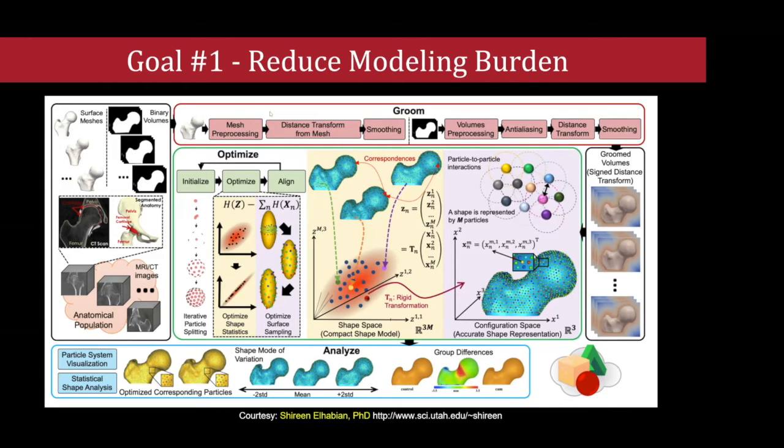Then we have this groom phase where we do all sorts of things on the mesh as well as on the binary volumes to get it ready for processing. We calculate distance transforms, and once we have those, we get to the optimization step, which is where we place those particles on the surface. There's a lot of math involved. And what we get down here is the correspondence particles, and from that we can do some analysis.